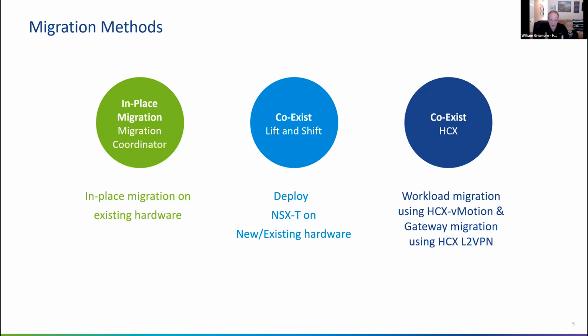So coexist, lift and shift is the middle one: one vCenter with newer or existing hardware, and then coexist HCX migrations with two separate vCenters. So if we're doing network migration, we're going to use HCX to build a layer 2 extension between the two stacks, whether they're on-prem in the same data center, a different colo, or VMC in AWS, whatever it may be.